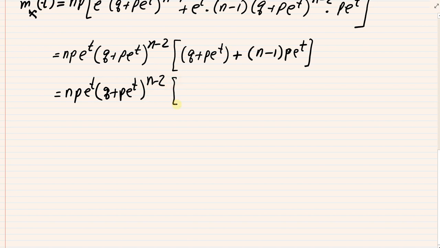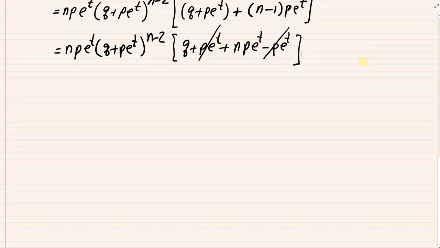So we get q plus p e to the t power n minus 2. Now, inside the bracket, I have q plus p e to the t power, and then distribute, I get n p e to the t power minus p e to the t power. And of course, we create a couple of opposites here. Those terms we can combine, and all said and done, now this would be the final version. np e to t, and remember, we have the binomial in front.